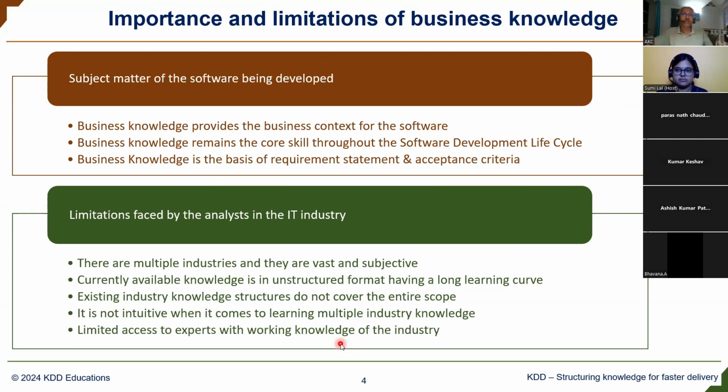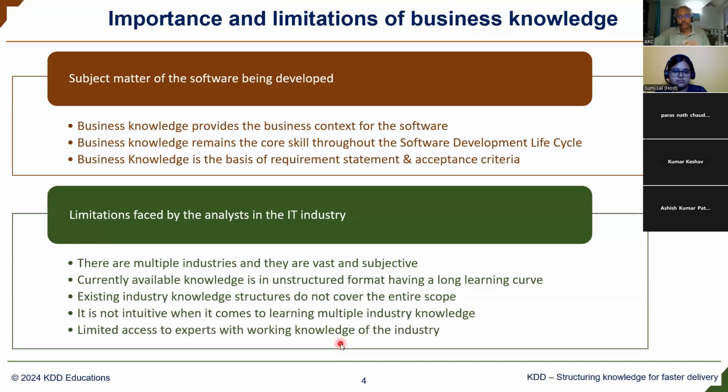So throughout the life cycle of any project, the knowledge of the business, why something is being done, why something is being done in a particular way, remains a core skill. And for getting the requirement understood properly, or even the test conditions or test acceptance criteria understood correctly, the knowledge of the business becomes very important. So it is subject matter knowledge, and it's very important for software development.